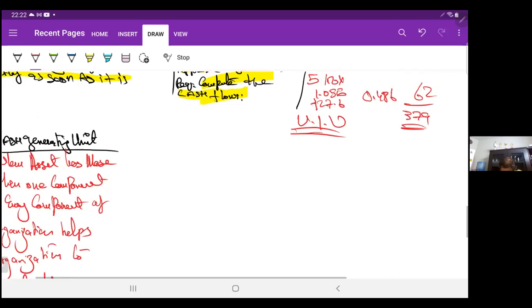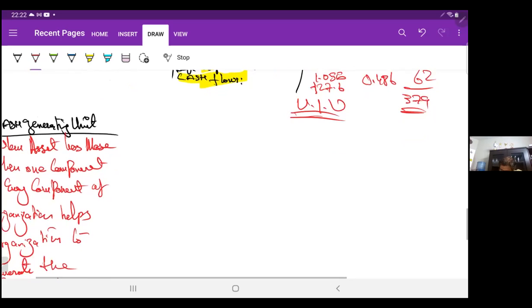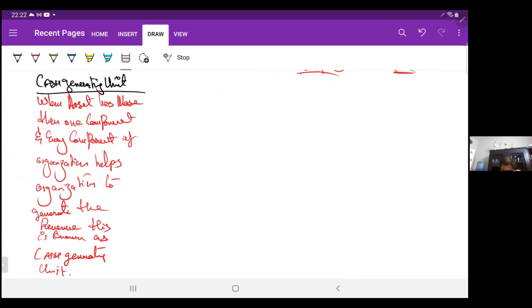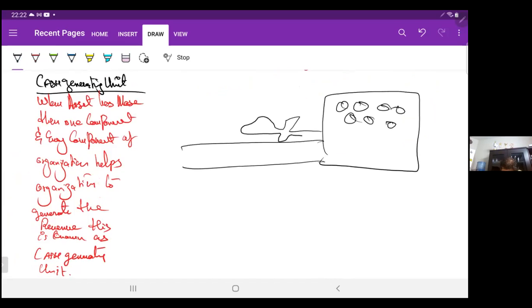Let me give you an example for it. For example, an airport. It's an airport building. It's the runway, where the planes land. Sorry for my drawing, not too cool. That's the planes.